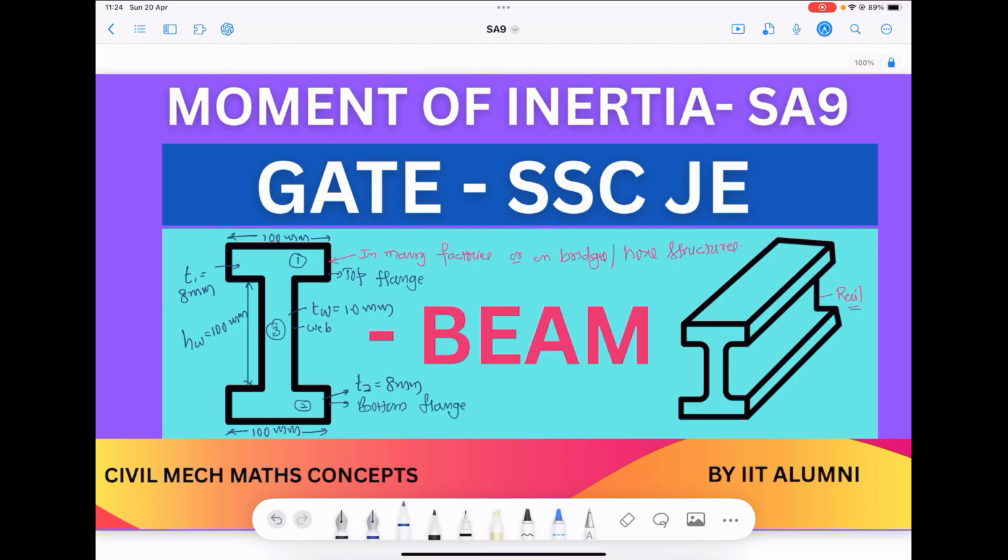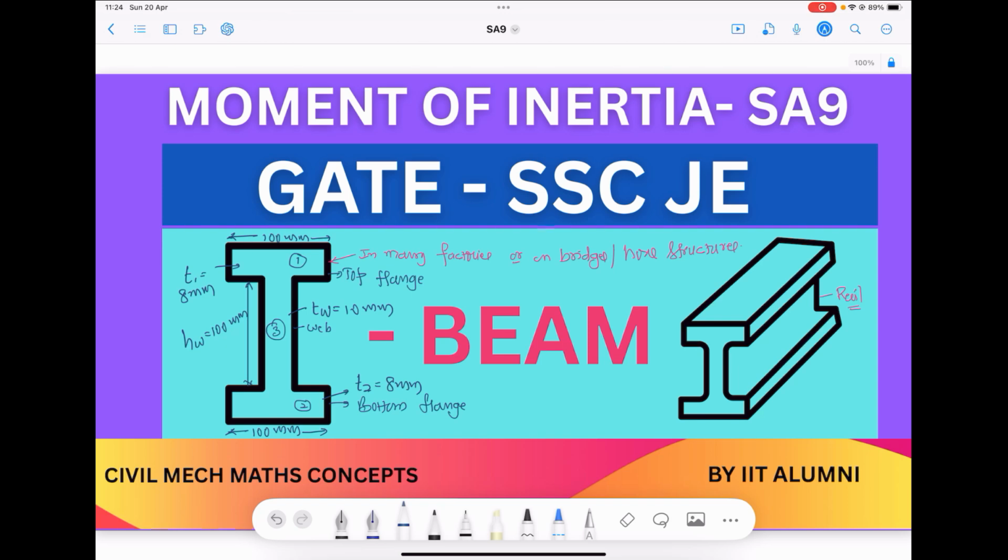I will explain the process of finding the moment of inertia and center of gravity of an I-beam with an example where the top flange has a thickness of 8 mm and width of 100 mm, the bottom flange a thickness of 8 mm and width of 100 mm, and these two are connected by a web of thickness 10 mm and height of 100 mm.